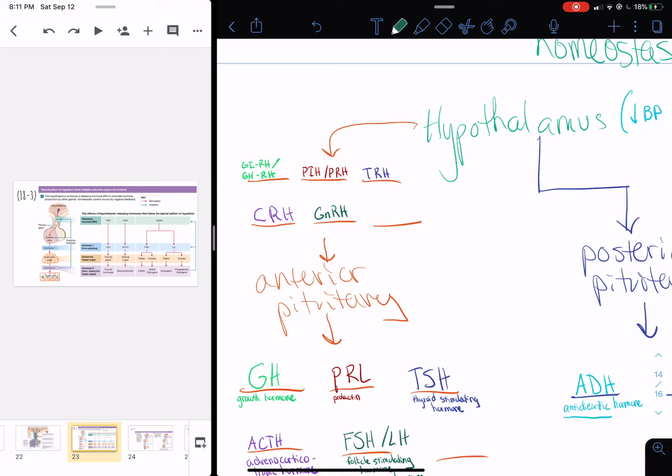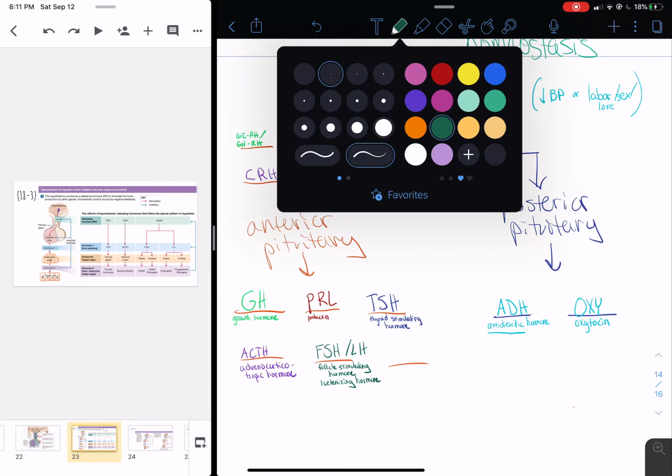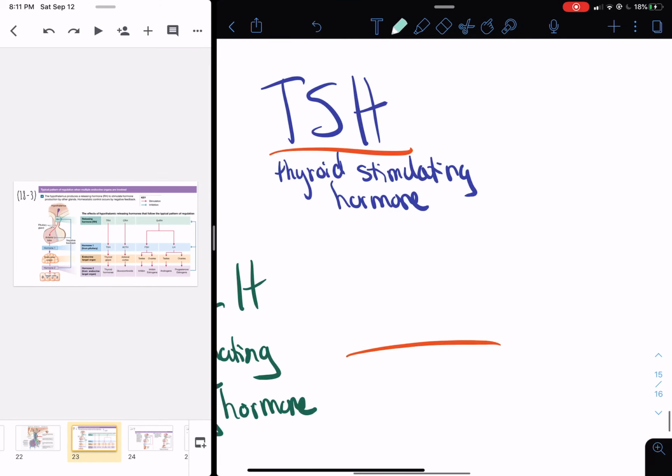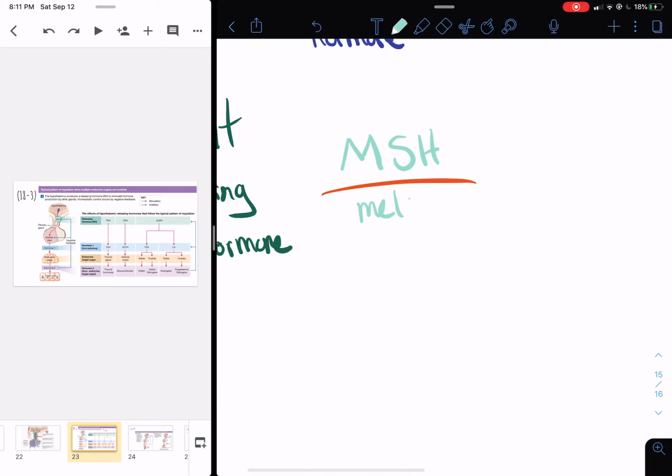And then last but not least, we have melanocyte stimulating hormone.